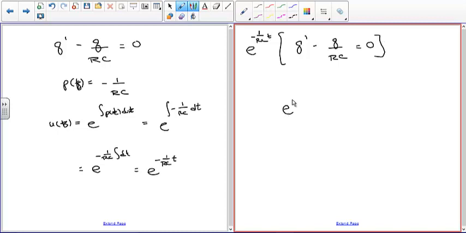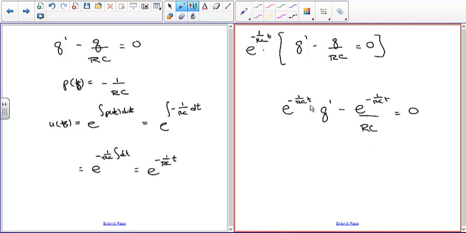So we get e to the minus 1 over RC t Q prime minus e to the minus 1 over RC t Q divided by RC equals 0. So I've just multiplied this by that and this by that.